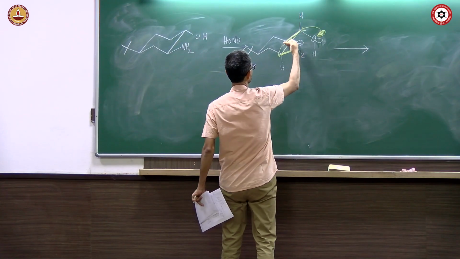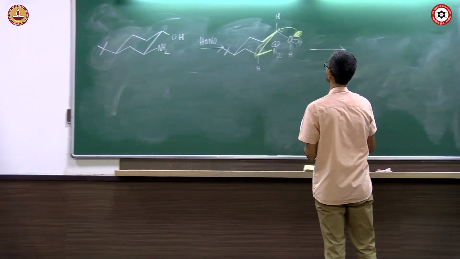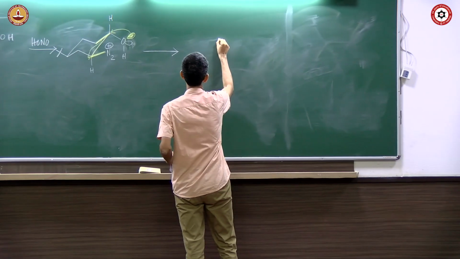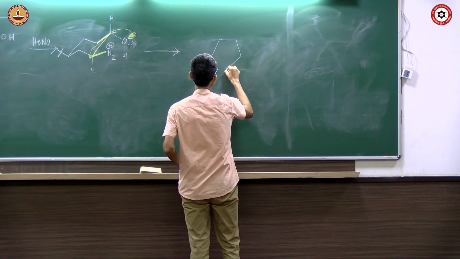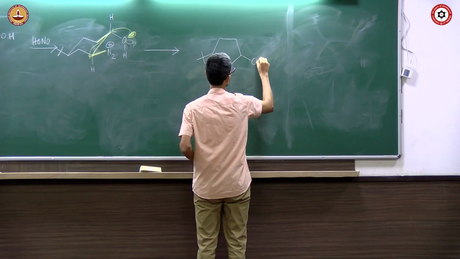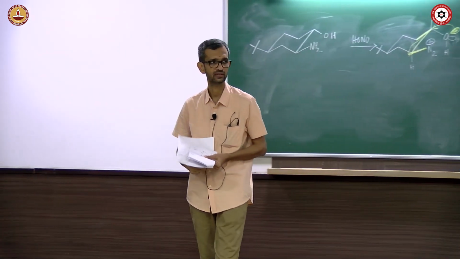So this unit migrates, comes here and displaces this particular unit, leaving you a ring contracted cyclopentane carbaldehyde derivative.